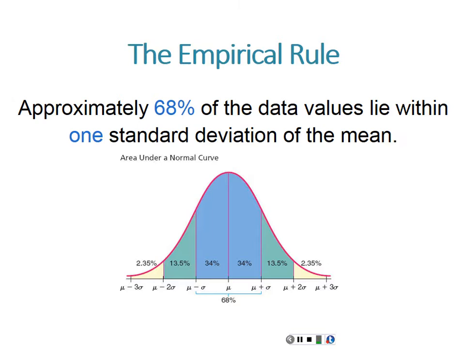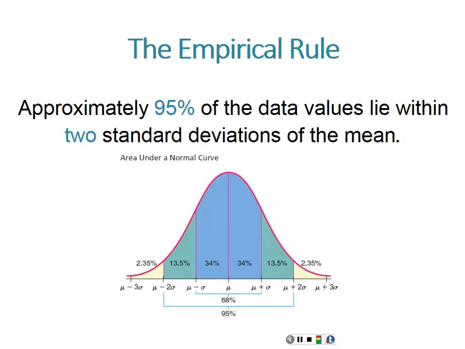Same thing on the other side. 10 minus 5 would be 5. So if you got a 9, that would be a relatively high probability that that would happen. Because 68% of the time you should get a value between 10 minus 5 and 10 plus 5.